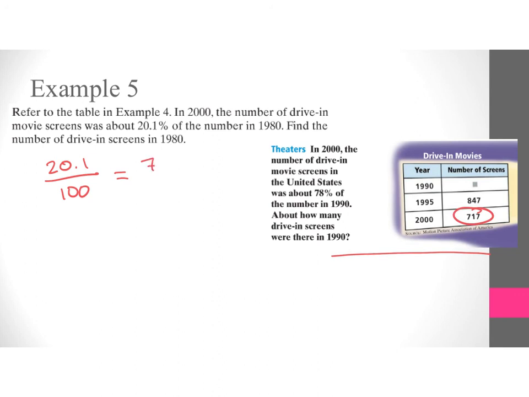So I have 717 divided by x. And again, when I cross multiply, I have 20.1x equals 71,700. And when I divide both sides by 20.1, I end up with 3,567 movie screens.